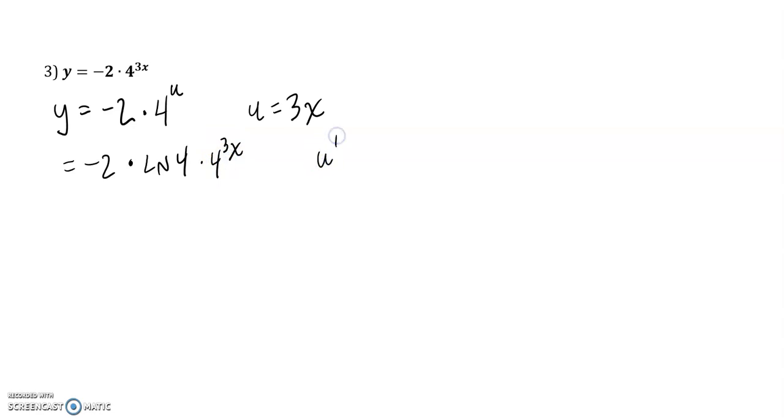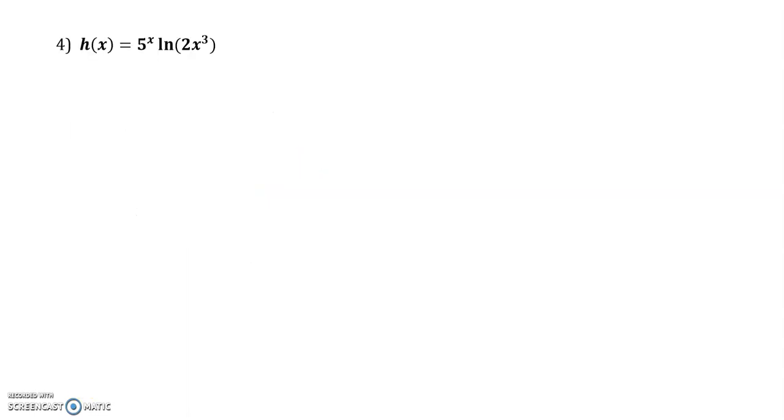U prime is 3. Multiply those, gather your like terms. I'm going to take negative 2 times 3, make negative 6, and natural log of 4 is just a number, times 4 to the 3x. That's it for that one.